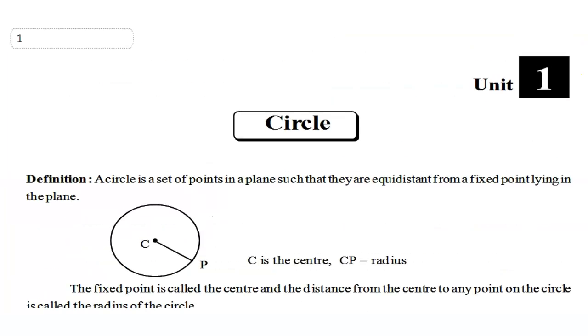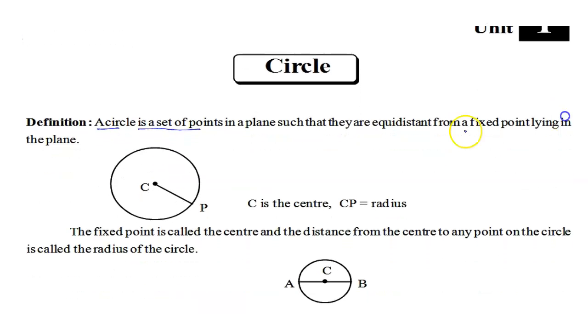So here, the definition of the circle. A circle is a set of points in a plane such that they are equidistant from a fixed point lying in the plane. Here the figure is there.